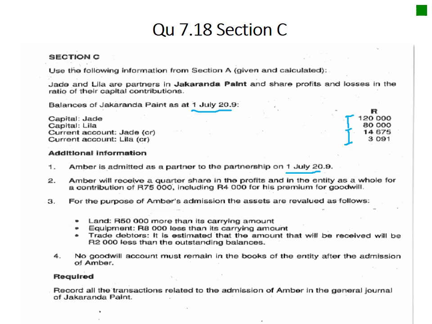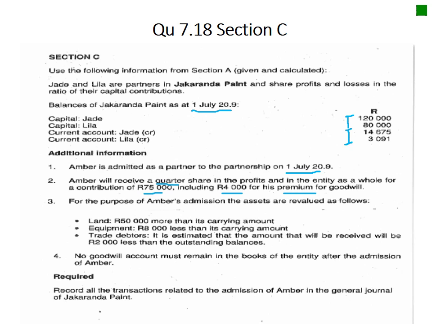Before Amber can be admitted, they would have decided what the goodwill was worth that was created by Jade and Lilla. In the question, Amber will receive a quarter share, that's 1/4 of the profits in the entity as a whole, and Amber will have to pay 75,000. This includes 4,000 for his premium of goodwill.